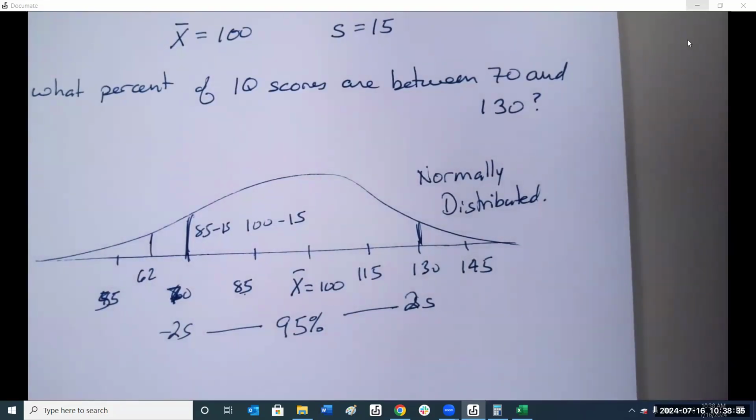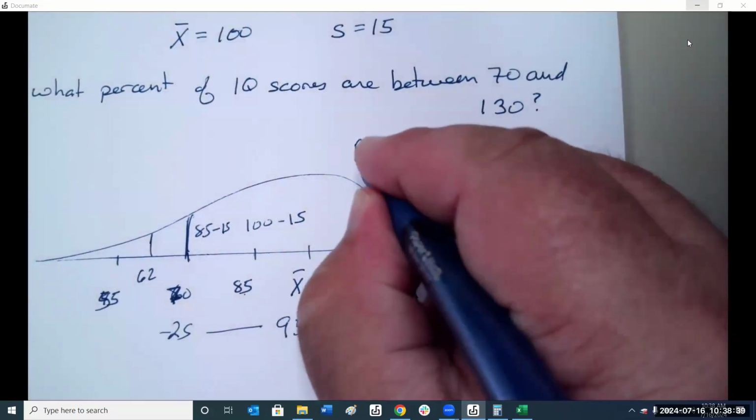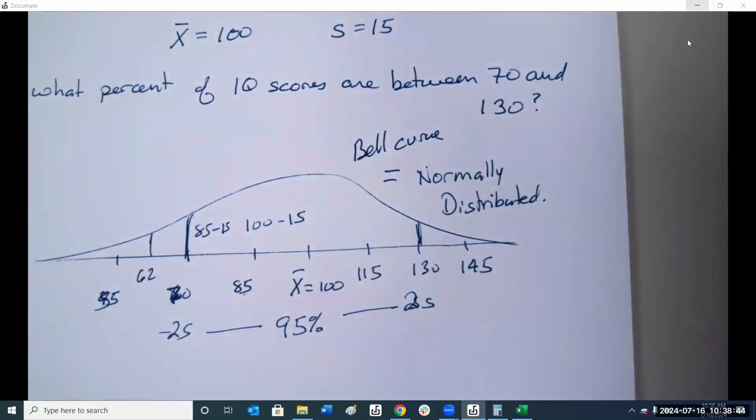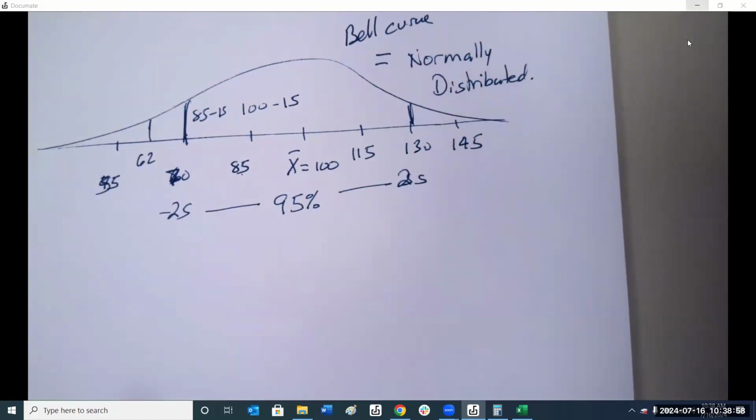Bell curve equals normally distributed. They're the same thing, just different words, like answer, solution, x-intercept in algebra, they're all the same thing.